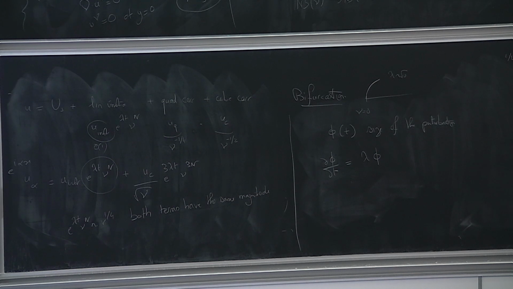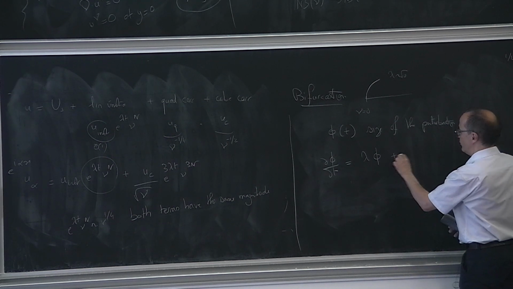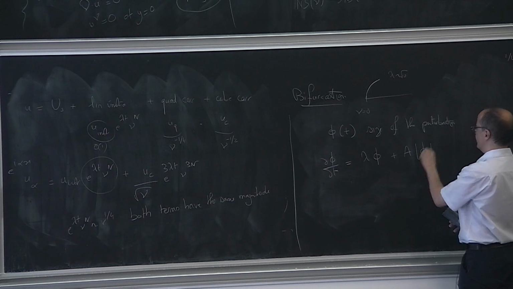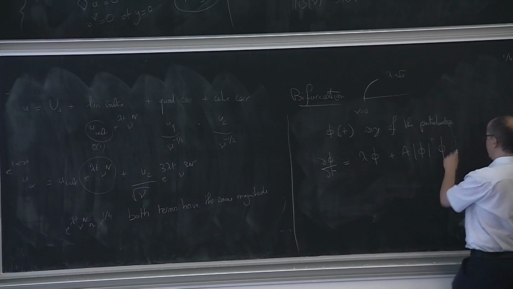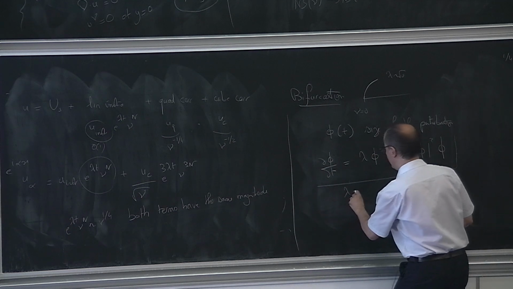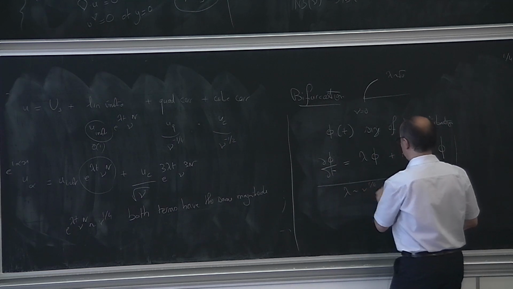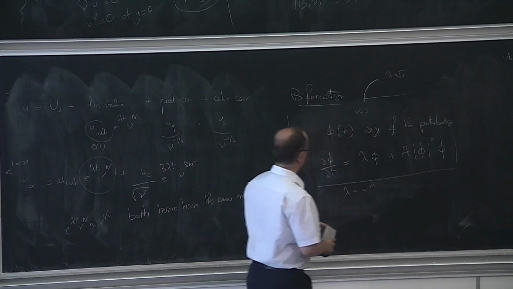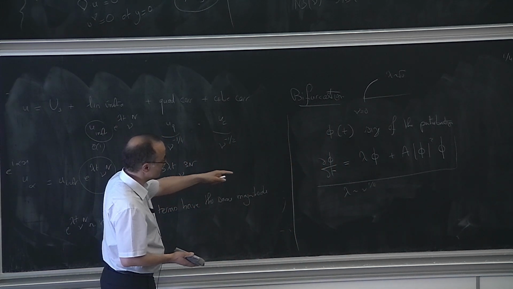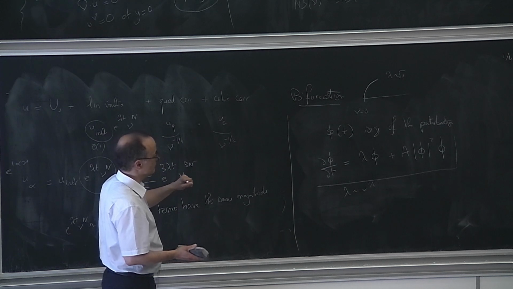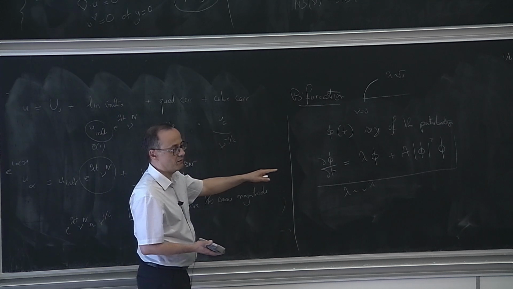So you get cubic terms plus some capital A. So the normal form of the perturbation is this one. Lambda is there of order nu to the 1/4. So you see that the fate of phi will depend on the sign of A.